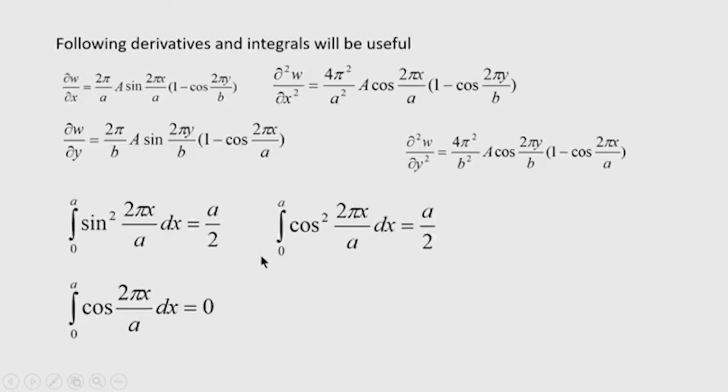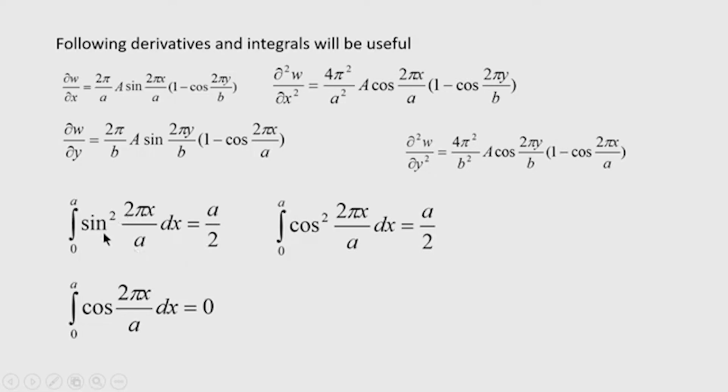So, these derivatives are calculated, and you can easily see that del w by del x has 2 pi by a, and a cos 2 pi x by a into 1 minus cos 2 pi y by b. Okay. Then the function del square w del x square will be this type, again differentiating this. Similarly, del w by del y will be like that, and del square w del y square will also be written like that, and these integrals are also useful.